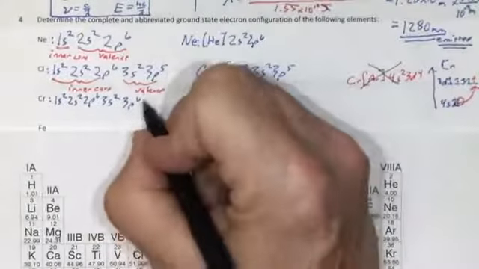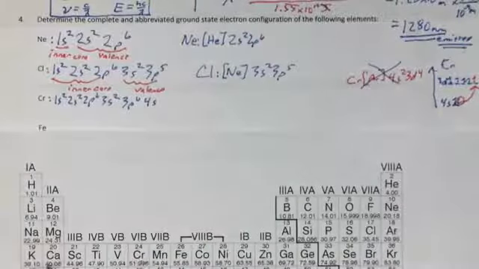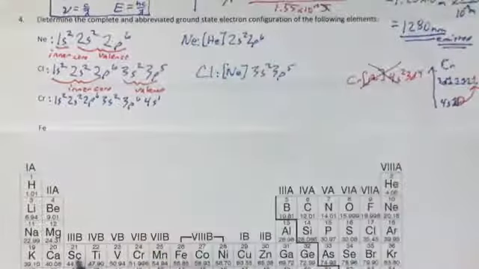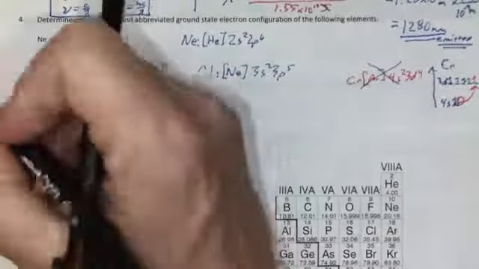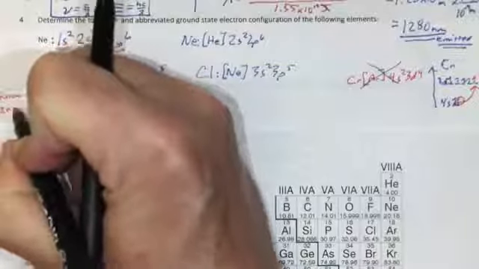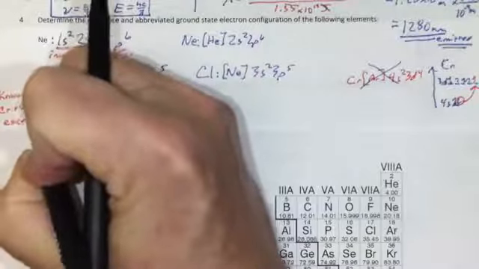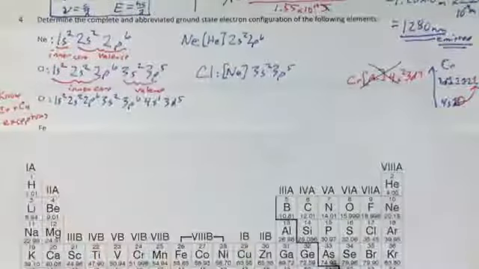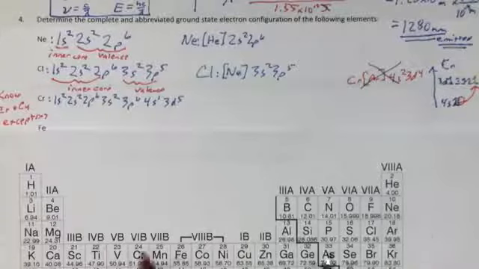Then 4s2 is what we would expect, but chromium is an exception. We get 4s1, 3d5. So you need to know chromium and copper, they are exceptions. They are the only exceptions I will ask. They are the only exceptions in the first 36 elements. The first 36 elements go through krypton.